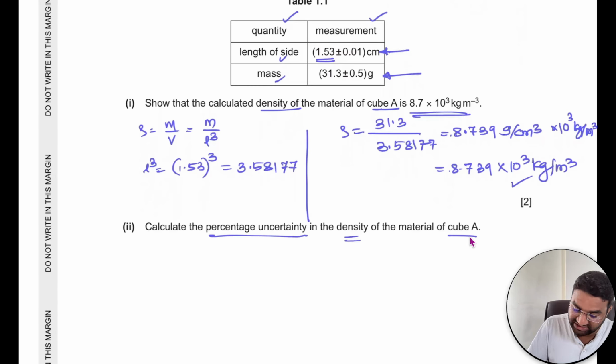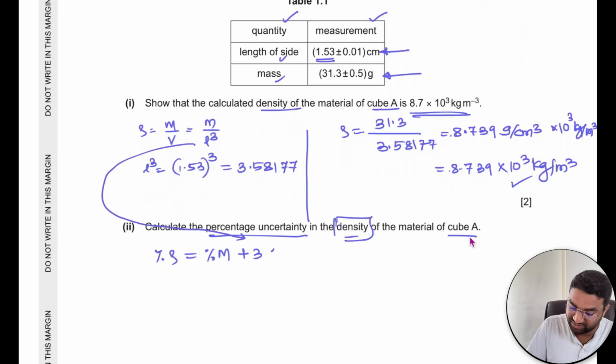So percentage uncertainty in density is equal to the percentage of mass plus, now L cube is there, so for L cube, 3 times the percentage of length.